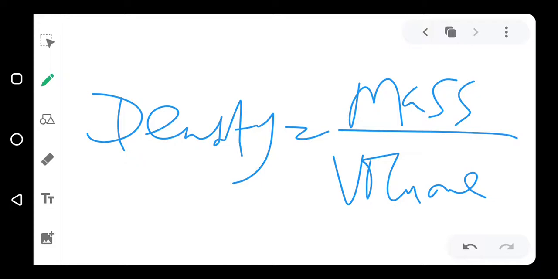The mass of the liquid is equal to the mass of the liquid and the density bottle minus the mass of the empty density bottle.